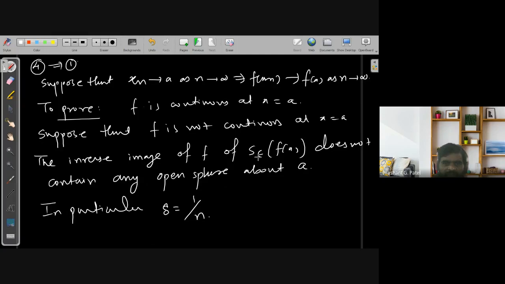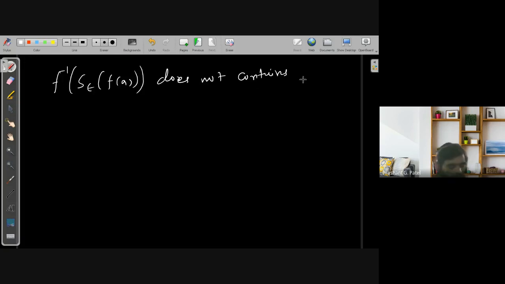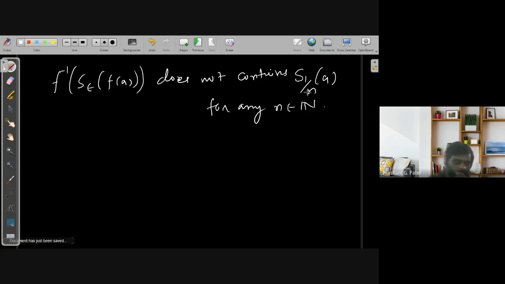So we can say f inverse of S epsilon of f of a does not contain S 1 by n of a for any n belongs to N. So for any 1 by n, this will not be true.